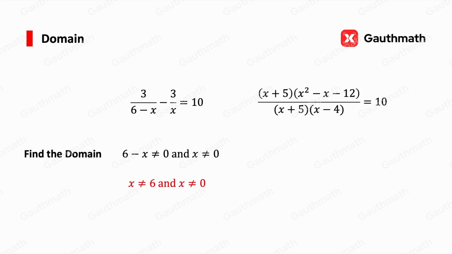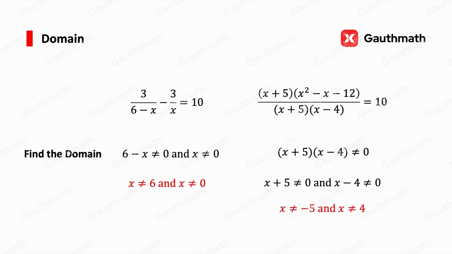So x cannot equal 6, and x cannot equal 0. And for the second one, x plus 5 times x minus 4 cannot equal 0. And we may solve it respectively. x plus 5 cannot equal 0, and x minus 4 cannot equal 0. So x cannot equal negative 5, and x cannot equal 4. So that's the domain of these two rational equations.